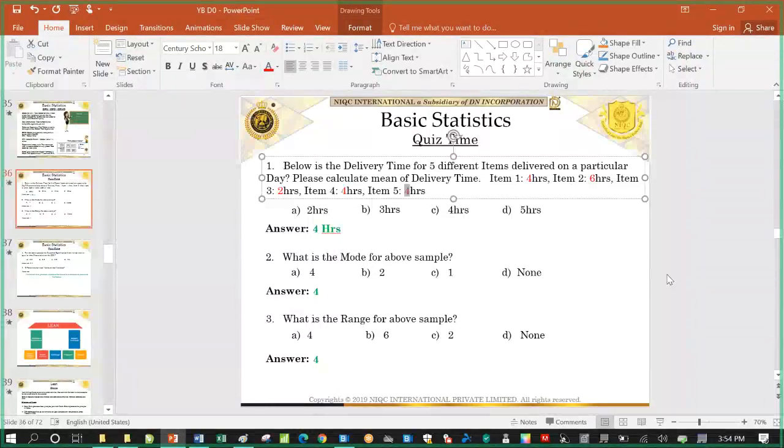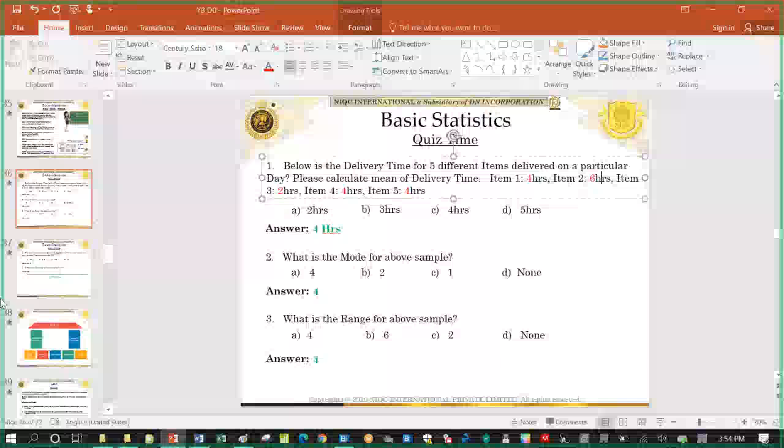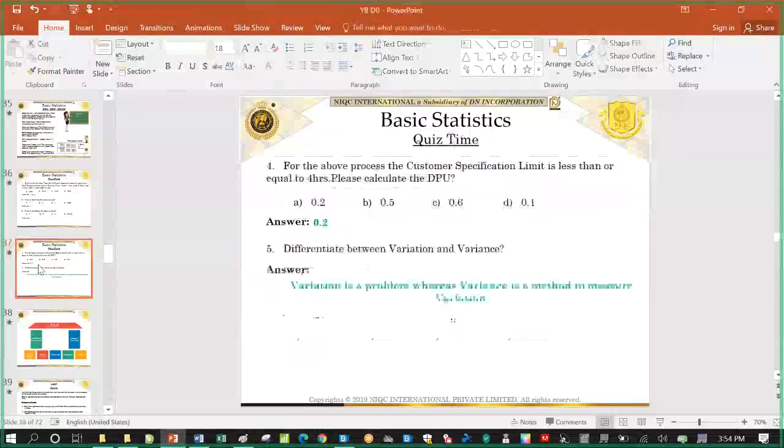Out of these 5 data points, only in one has it exceeded 4 hours, that is 6. So the defect we have is just one defect out of 5, which was calculated as 1 by 5 is equal to 0.2. Done. Very good.